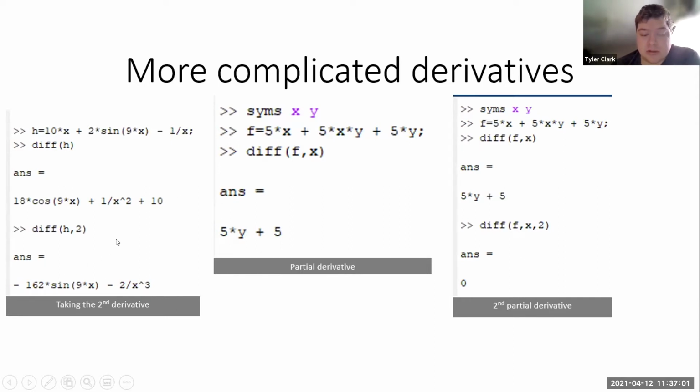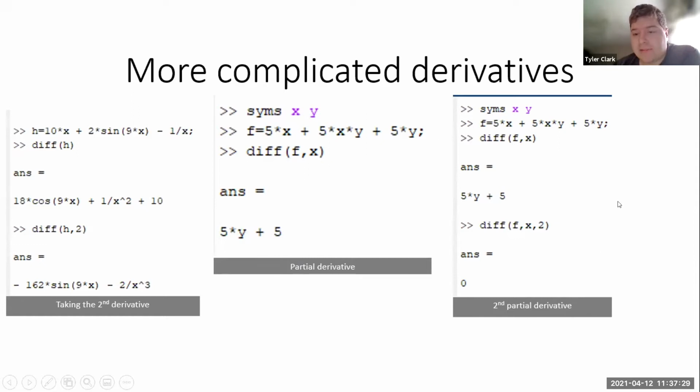Partial derivatives are similar to regular derivatives, but instead of just one variable, you have two variables and whatever function you want. In this case, when taking the derivative, you do f comma x. So it's the partial derivative with respect to x, not y, and you get your answer going with x.